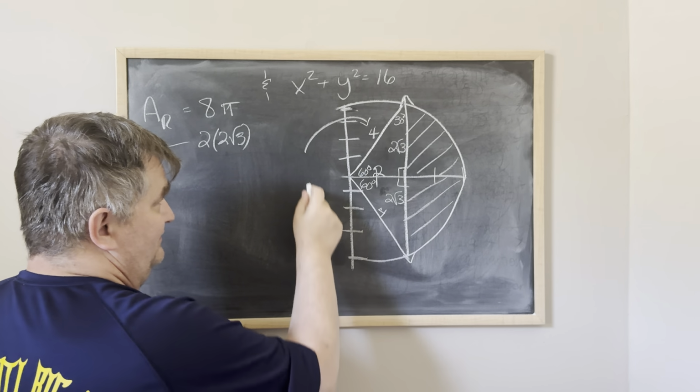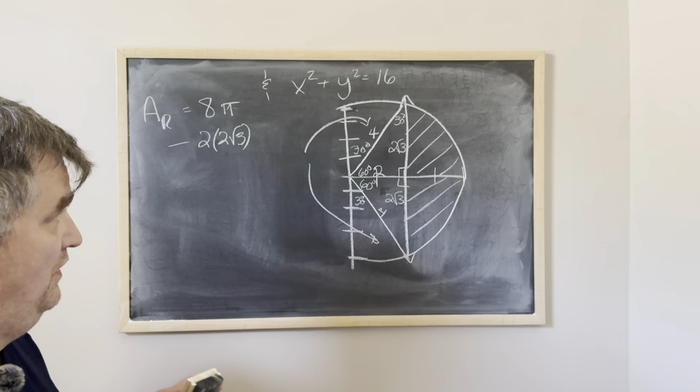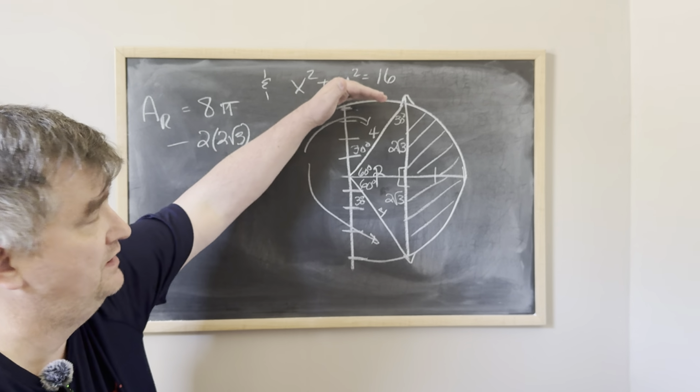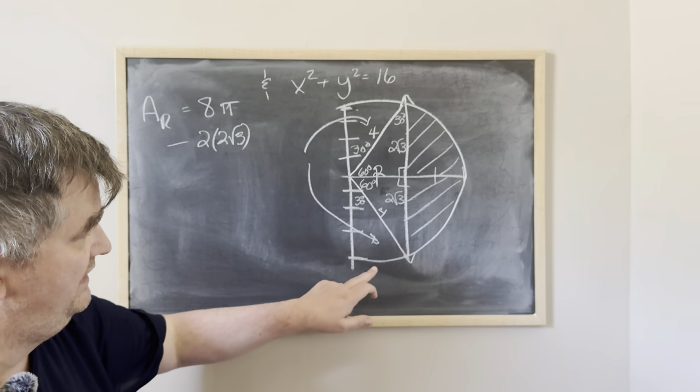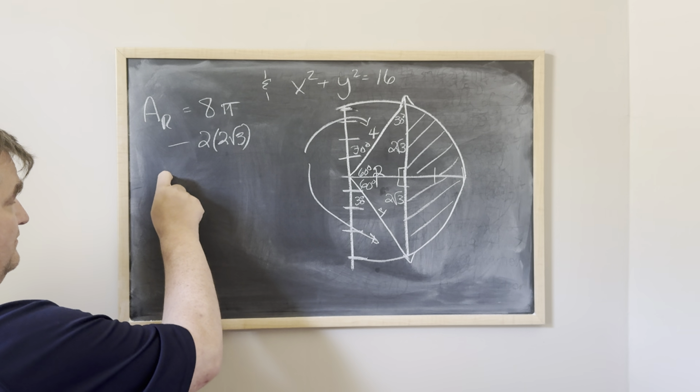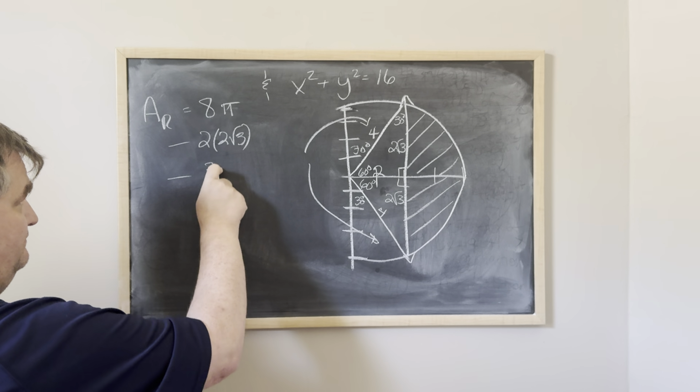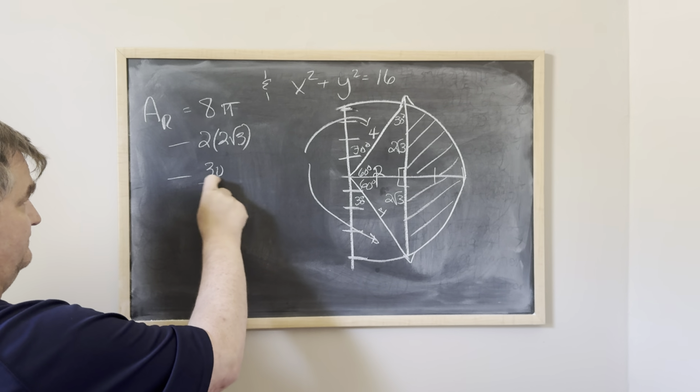So the first thing to note is we know what the angle is. It's 30 degrees. But also note it's cutting an arc. And you have an arc down here as well. And so we need to know the area of a sector. And so in this case, the area of a sector is represented as this.